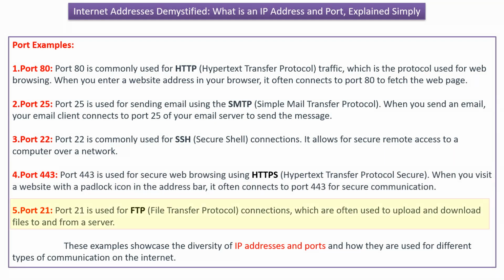Port number 21. Port number 21 is used for FTP connections, which are often used to upload files to the server and download files from the server. These examples showcase the diversity of IP addresses and ports and how they are used for different types of communication on the internet.